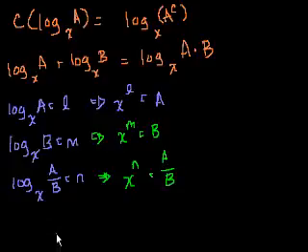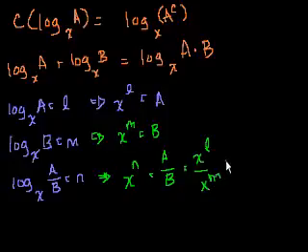So what can we do here? Well, what's another way of writing a over b? That's the same thing as x to the L, that's a, over x to the m, that's b.